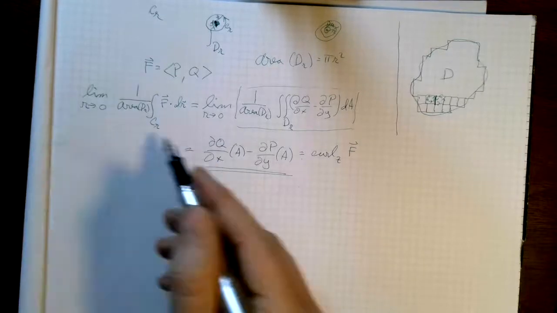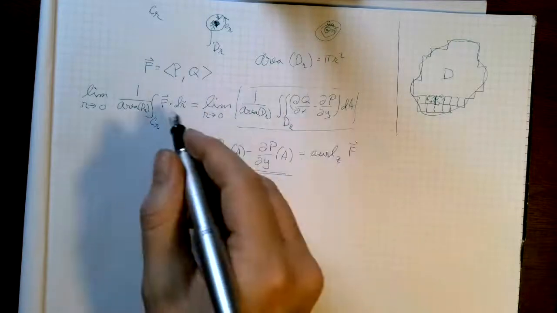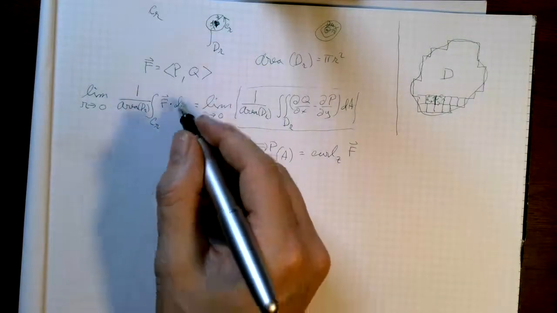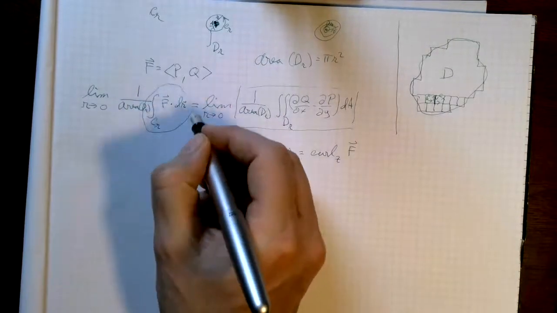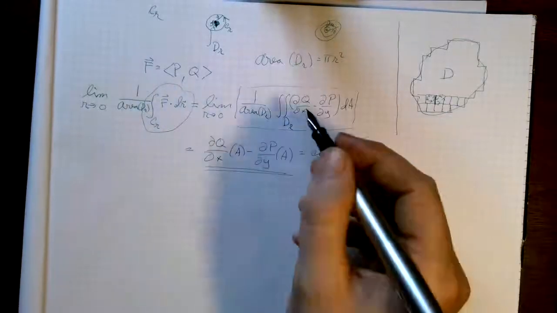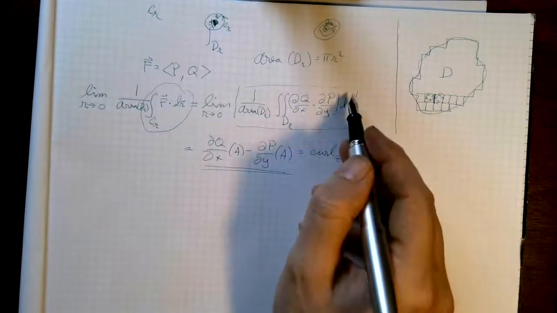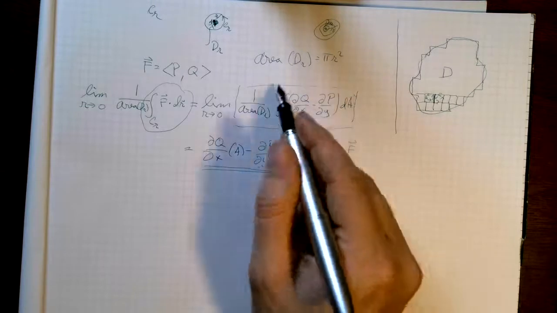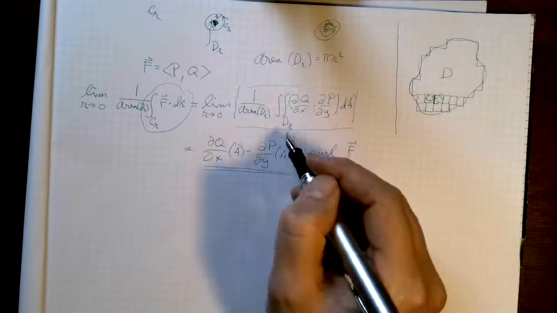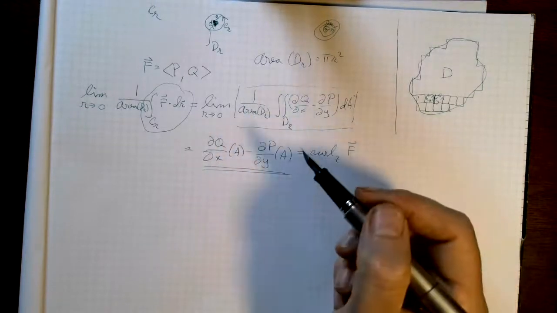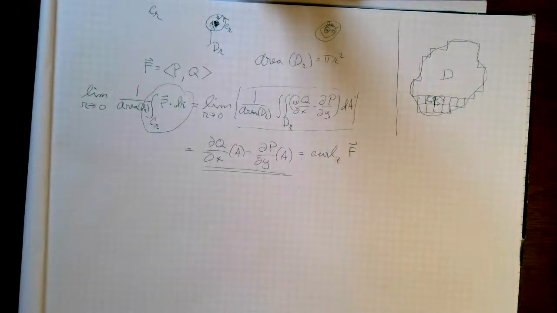If we take the right limit, it's Green's theorem that allows us to go from, well, we know what this is, that measures circulation, and Green's theorem tells us that we're getting this integral, and we're just averaging it, so we're getting what's inside.